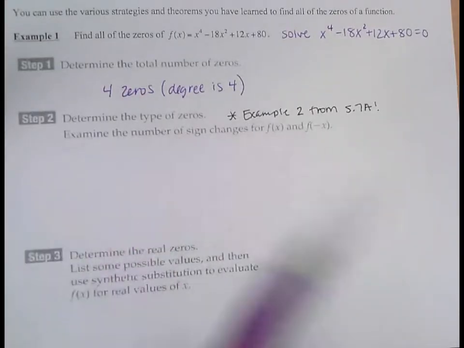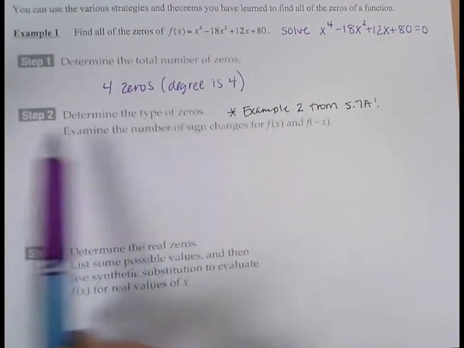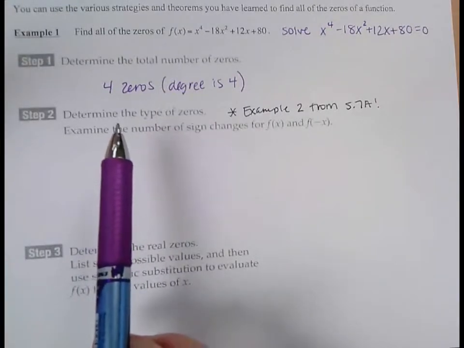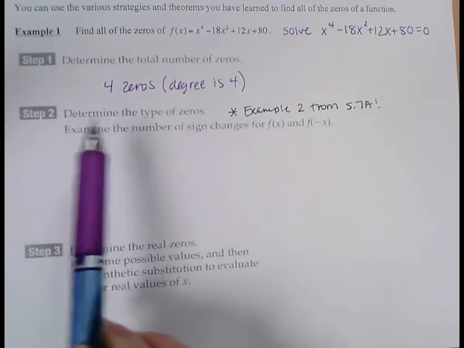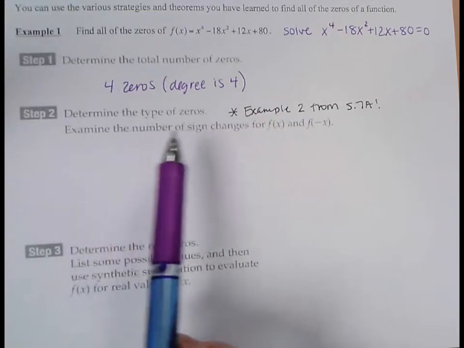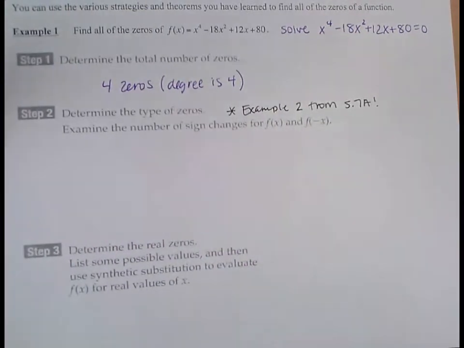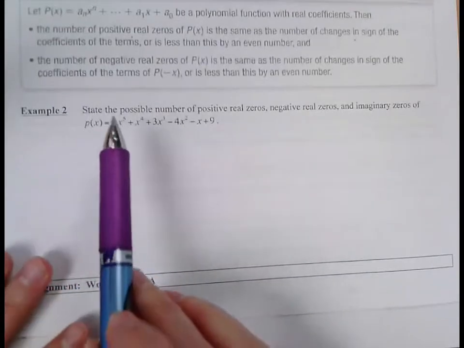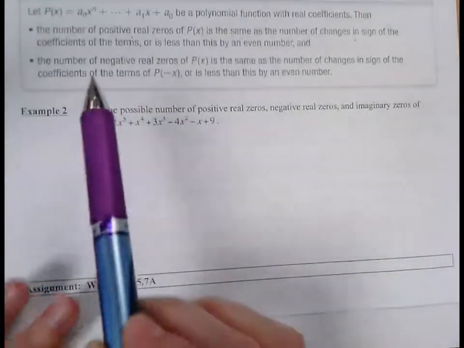So here is what we did not get to on Friday, with me leaving time for the homework quiz. Determine the type of zeros and examine the number of sign changes for f of x and f of negative x. From Friday, I just want to show you what these directions would say. You don't have to pull out Friday's note sheet, because it's the same process as what this example says.